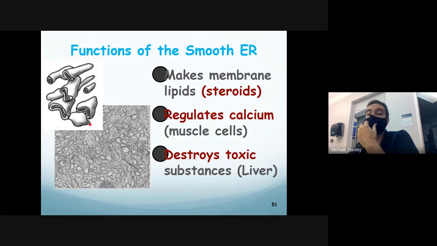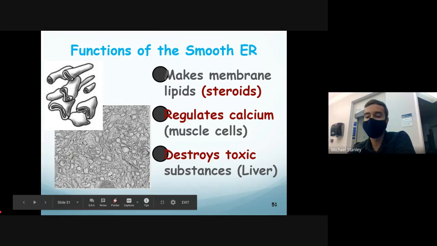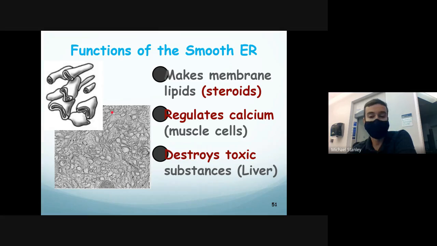Sorry if it seems like I'm going a little bit fast through some of this stuff. But we just have a ton of organelles to get through, and I want to make sure that we get through all of them before the end of class today. Luckily, I think we're making pretty good time so far. So at the end, if we need to, I can go back and go through some stuff.